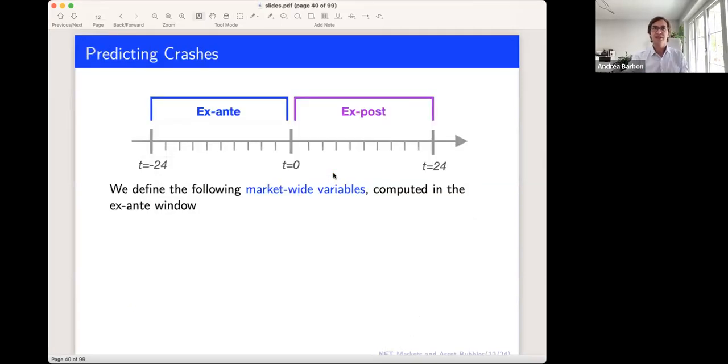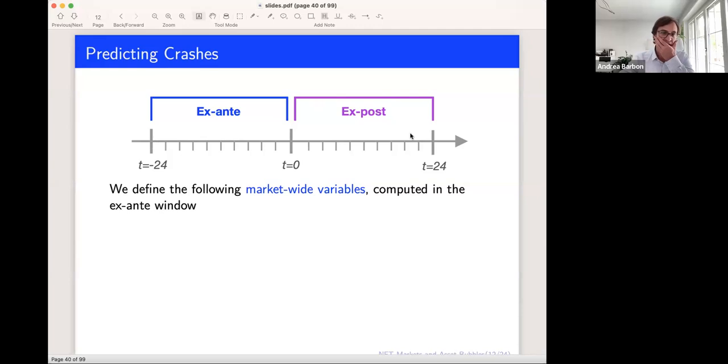And now let's try to make some forecasts. Let's see if we can actually predict whether we are into a crash or not. Again, for every event, we split the sample into two parts. We have the ex ante, where the price run-up actually happens, and then we have the ex post, after t equals 0.